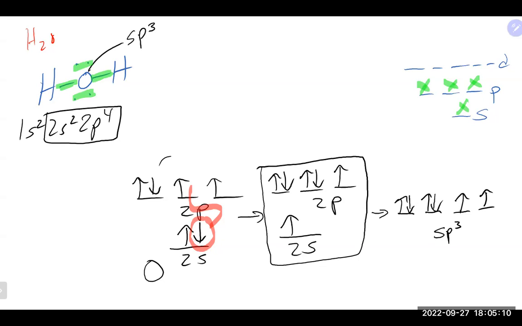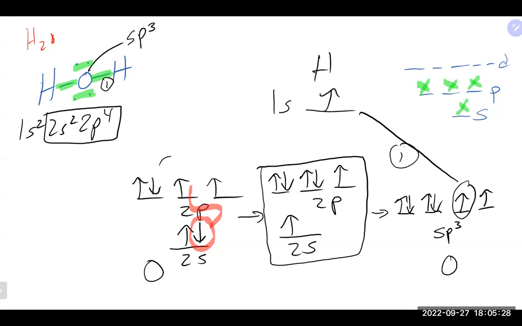So if we look again, we can account for all the bonds and everything that's happening here. If we call this bond right here bond number 1, it could be from this guy in oxygen to a hydrogen 1s orbital, making bond number 1. Call this guy bond number 2, to be this guy going up again to a hydrogen 1s orbital, making bond number 2.